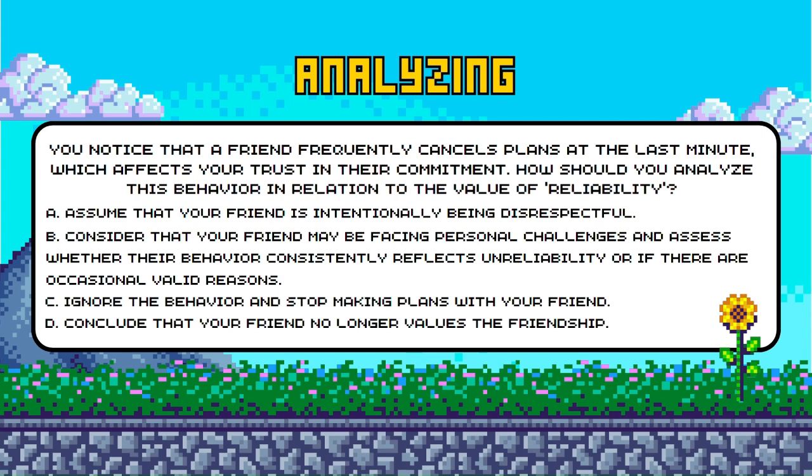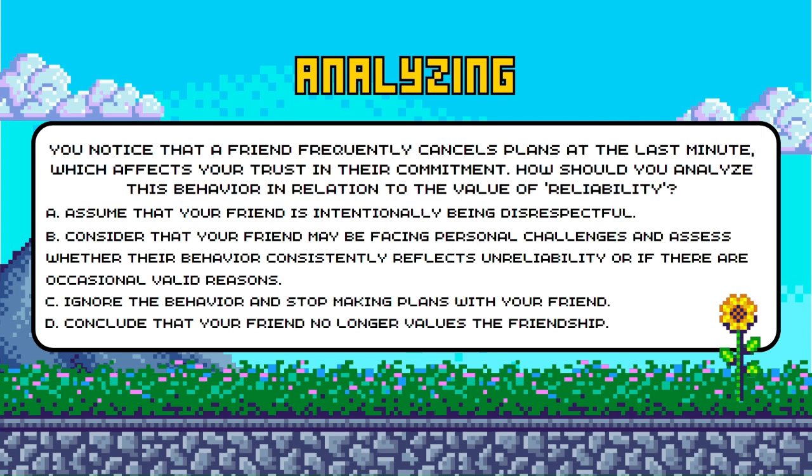How should you analyze this behavior in relation to the value of reliability? It fits, because it involves breaking information into parts and understanding the relationships between them. It's like a student sees a situation like the friend canceling plans and interprets the behavior by analyzing the possible reasons.